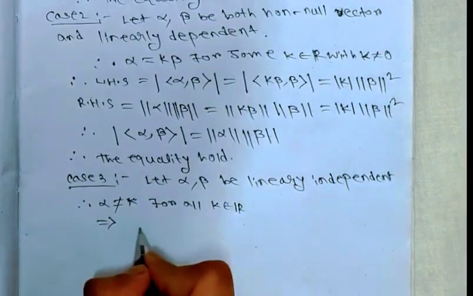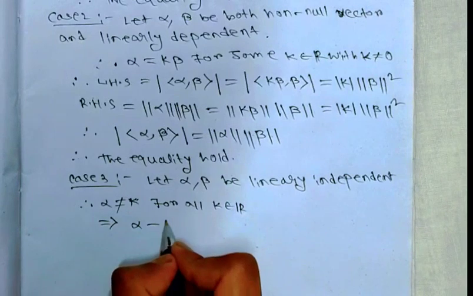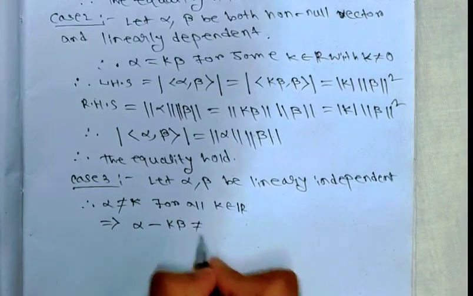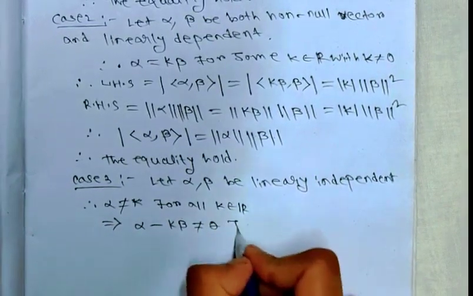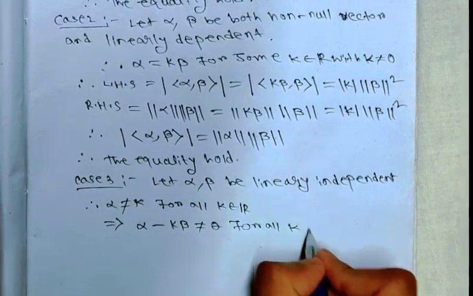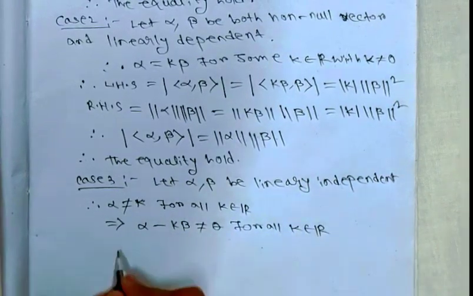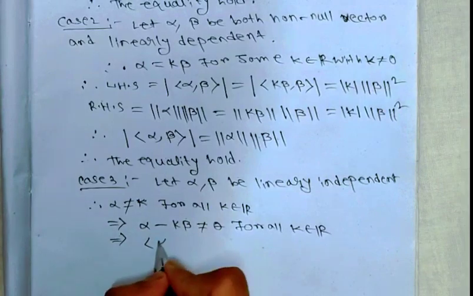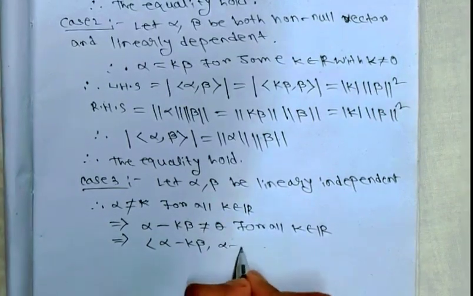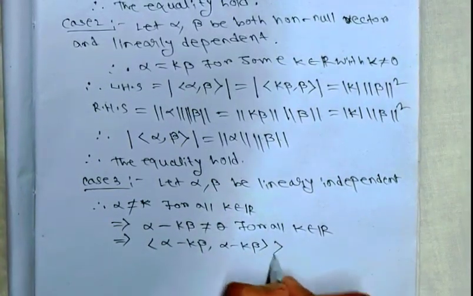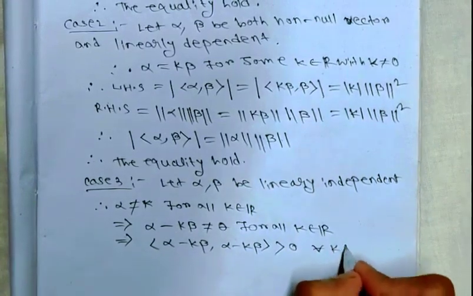This implies alpha minus k beta is not equal to theta for all k belonging to the real numbers. That implies the inner product of alpha minus k beta, alpha minus k beta is greater than 0 for all k belonging to the real numbers.